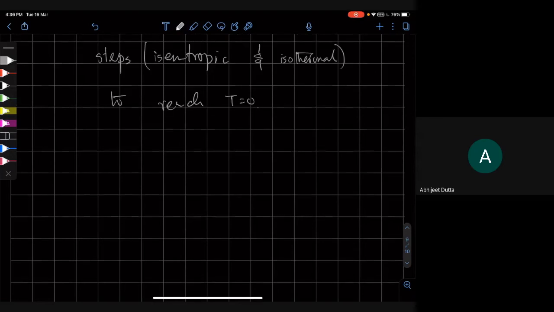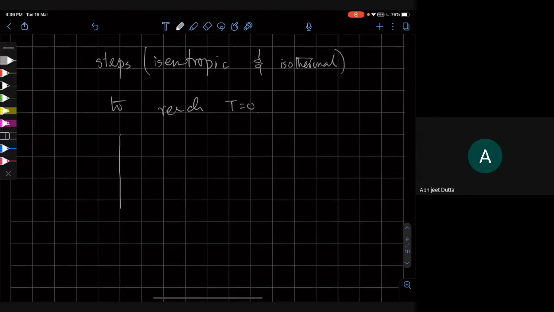Suppose that this is your TS diagram. So this is T, this is S. Now, if entropy did not go to 0 at T equals 0, so we have some ST curve for some value, say pressure or something.